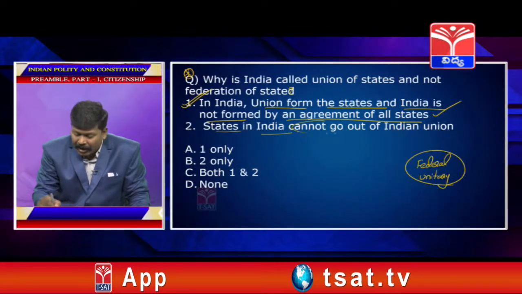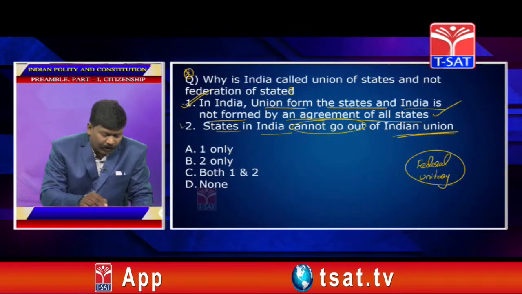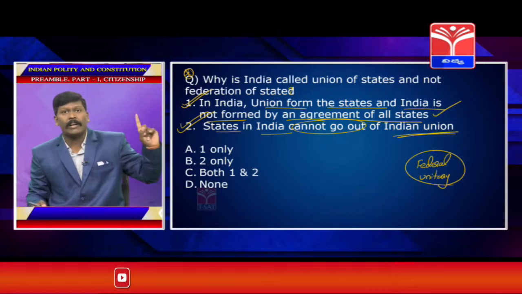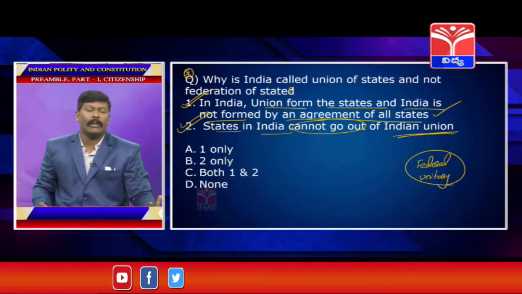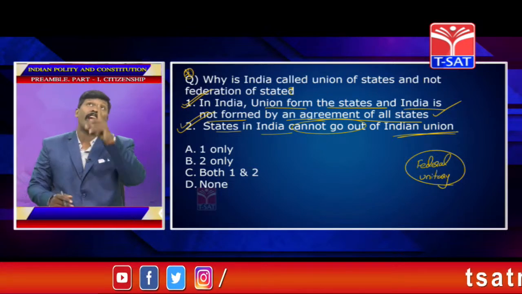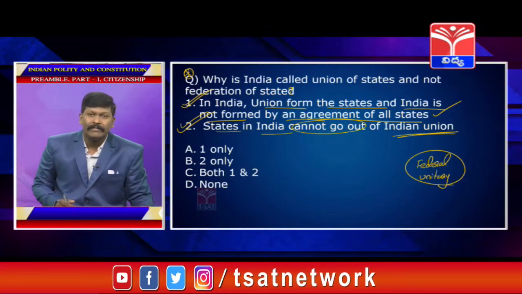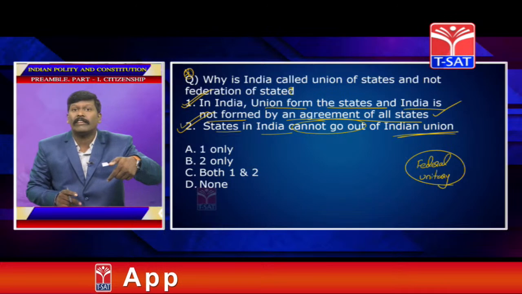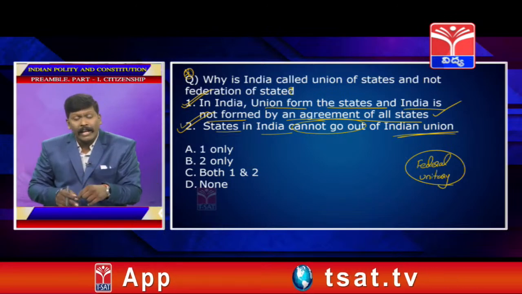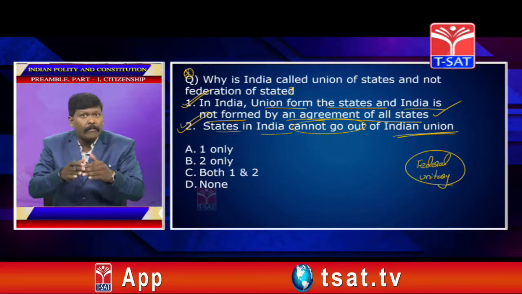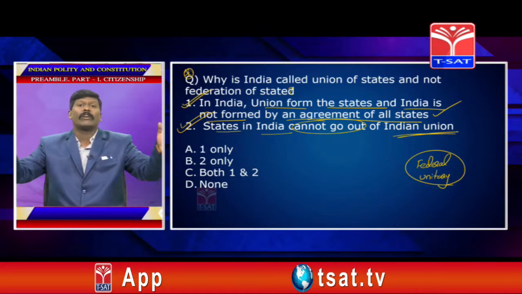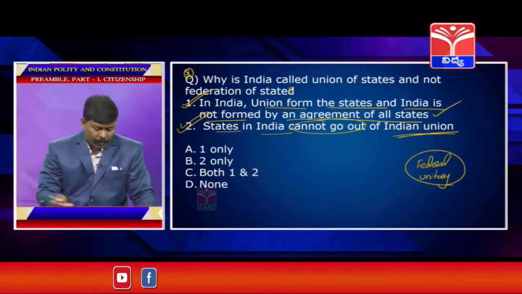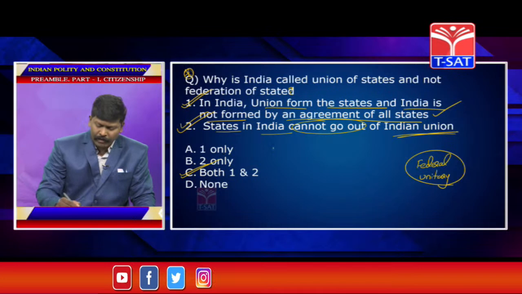States in India cannot go out of the Indian Union. This is also correct. But in a federation, states can come out of the union. In a federation, states form the union. In India, states don't form the union. Union forms the states according to Article 3. In India, the states which are formed cannot secede, cannot go out of the Indian Union. So, answer is C. Very, very important.